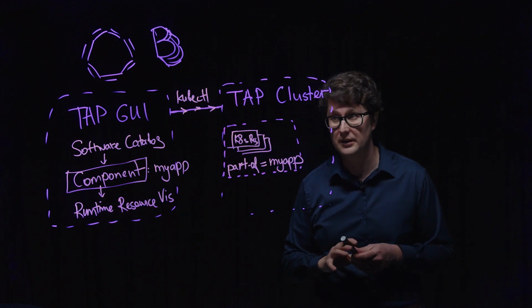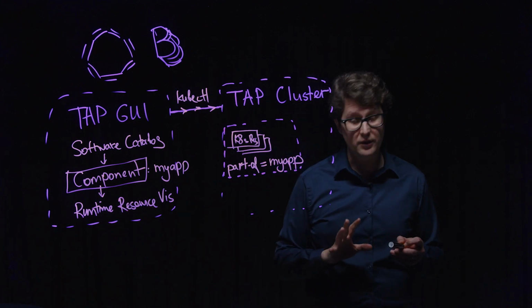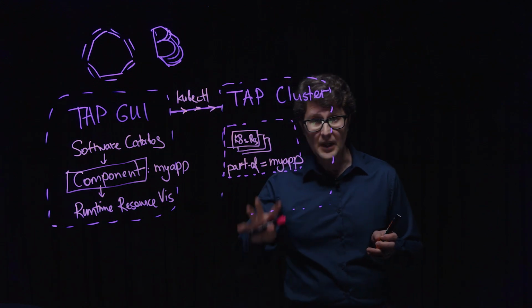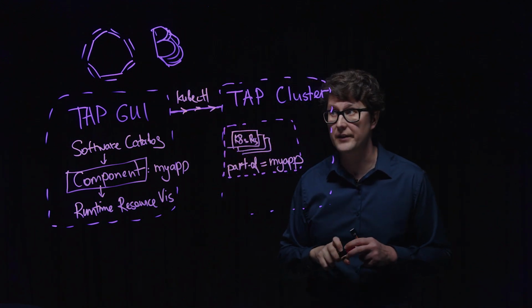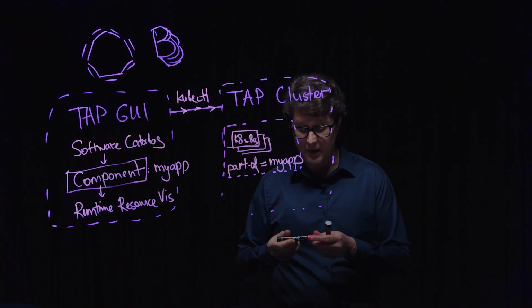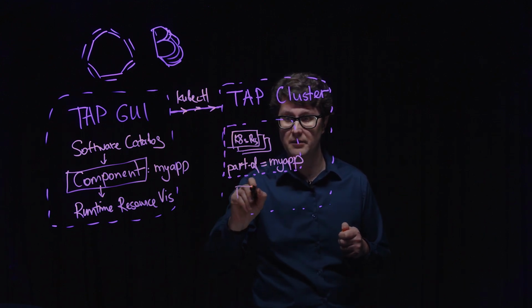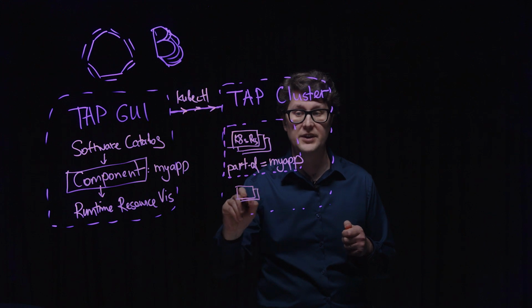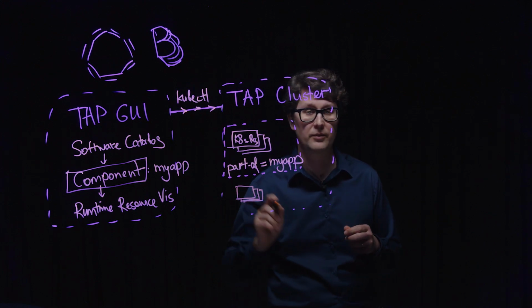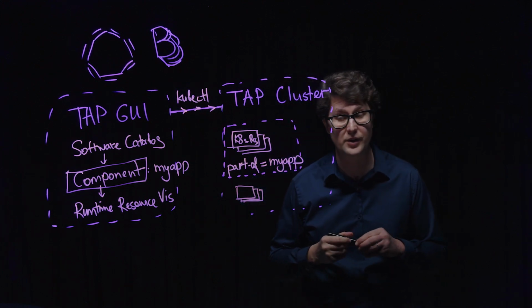Now, I also need to mention that by the design of this system, there will be some other Kubernetes resources that have different annotations or don't have any annotation whatsoever.